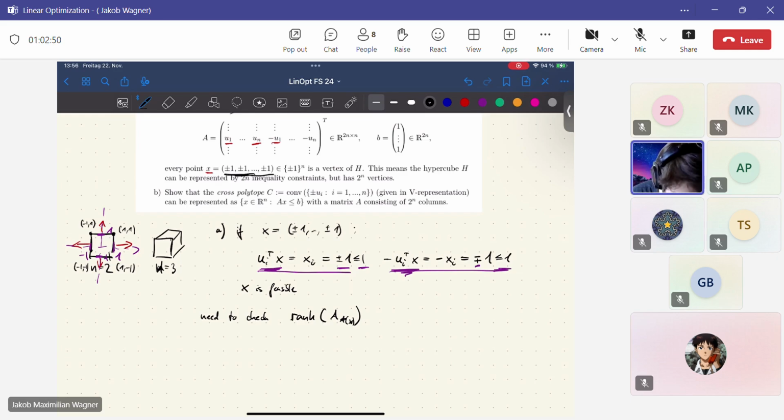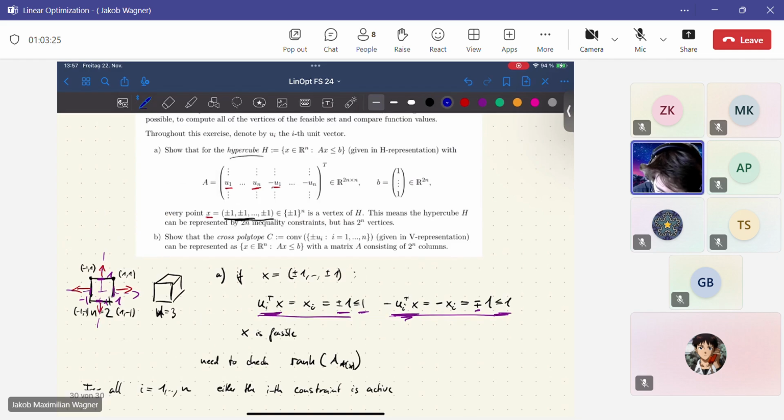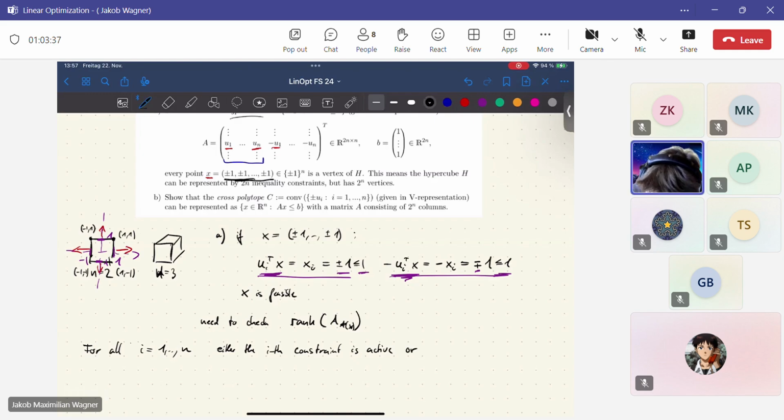So we know that for all i in 1 through n, either the ith constraint is active, so if i is in the first 1 through n indices, we have that the positive unit vector constraint is active, or we have that the (n plus i)th constraint is active.